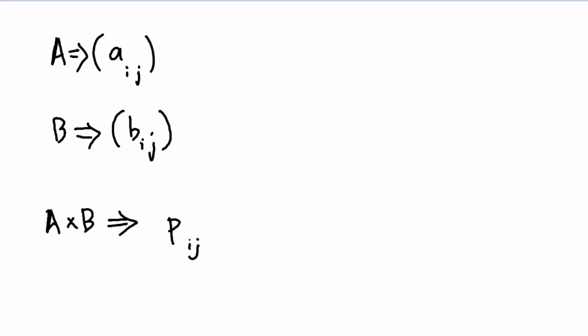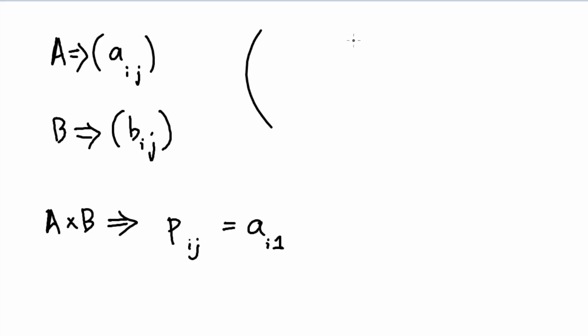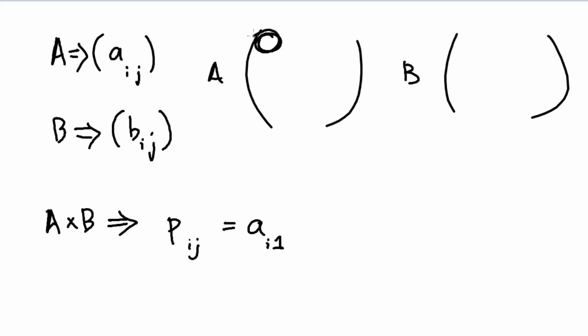This is the generalized definition, definitely not written very formally, where p ij is equal to a of i1. Here, let me shrink this matrix a little bit. So this is A, and this is B. Your i1 term times B's 1j term.